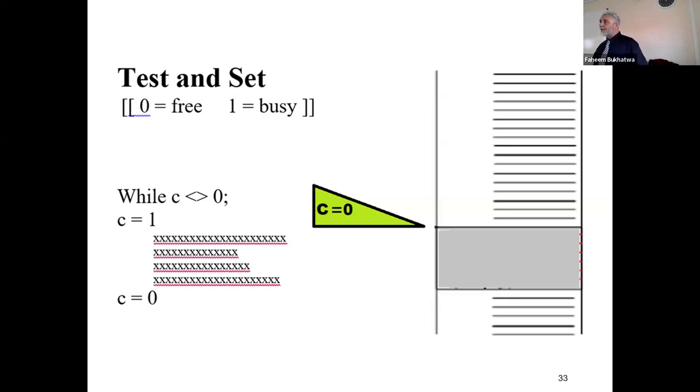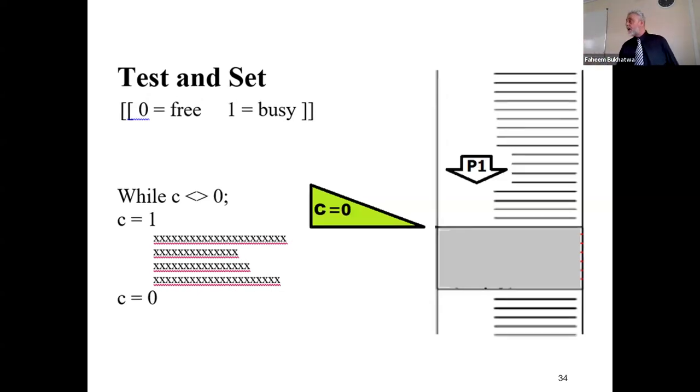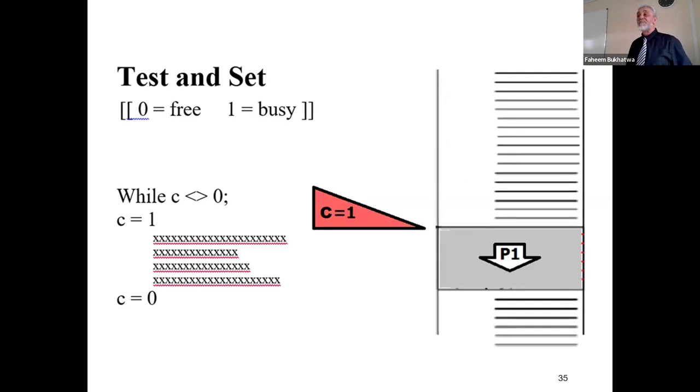We start with that initial flag indicating that the critical section is free. Now a process comes in. It checks the flag. This is the test and set. Test it. Is it 0? Yes. Turn it 1 and go in. So that's what the second line, C equals 1, means: set it to 1. It's so simple. If you forget how it works, think of the toilet. Is it free? Yes.